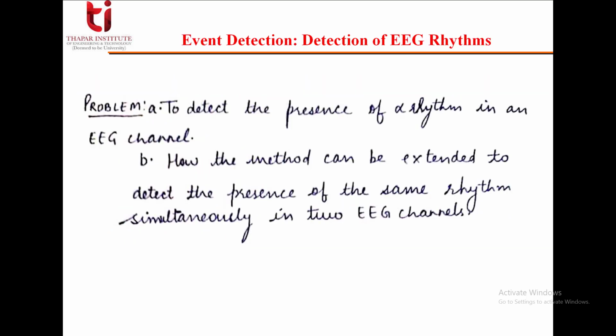Now let's see the detection of different parameters. First we will see the presence of the alpha rhythm in an EEG channel and how that method can be extended to detect the presence of the same rhythm simultaneously in two EEG channels.